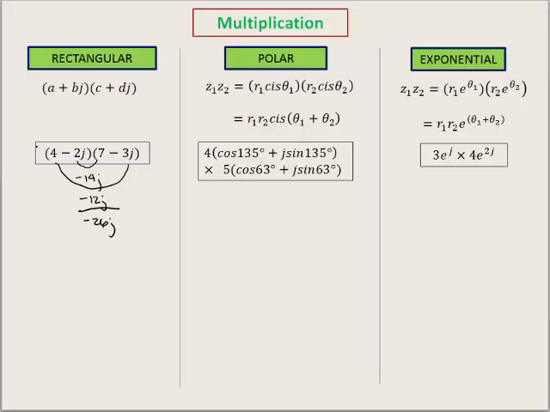Now many of you may be familiar with FOIL. This is the same thing, only I think it's nice to use smiley faces. Here's my first eyebrow: 4 times 7. That's 28.